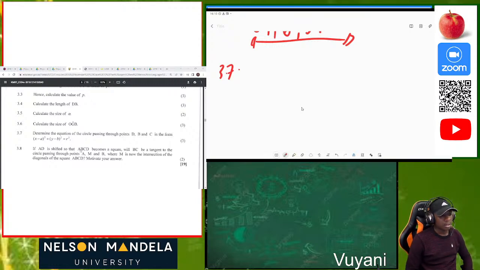Okay. How are we going to write that in the form of (x minus a) squared plus (y minus b) squared is equal to r squared? So now let's write it down.